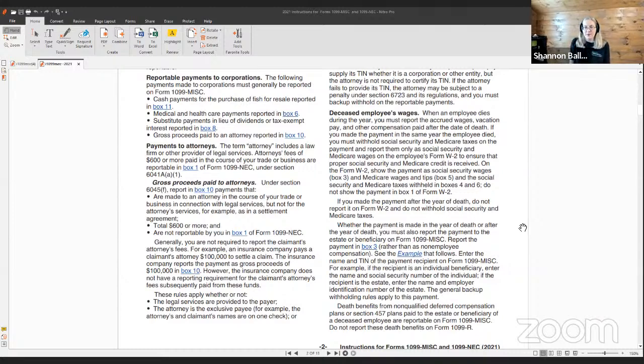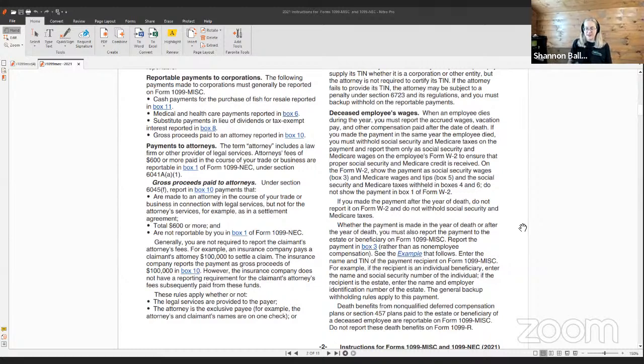On the Form W-2, show the payment as Social Security wages in box 3 and Medicare wages and tips in box 5, and the Social Security and Medicare taxes withheld in boxes 4 and 6. Do not show the payment in box 1 of Form W-2.